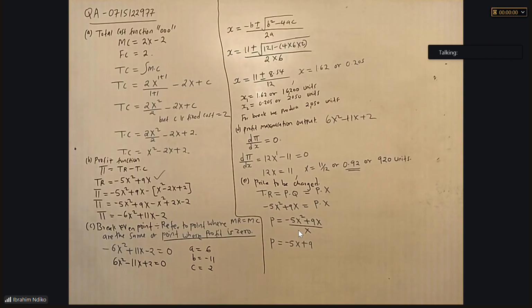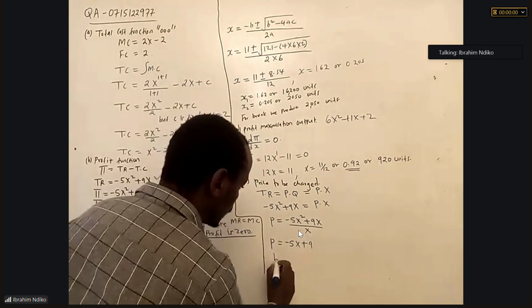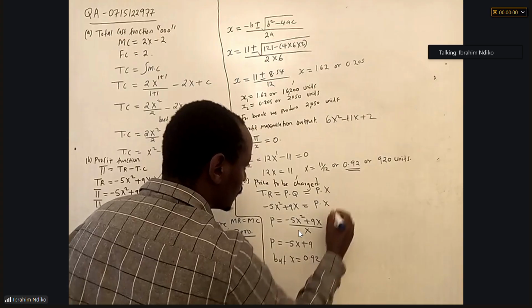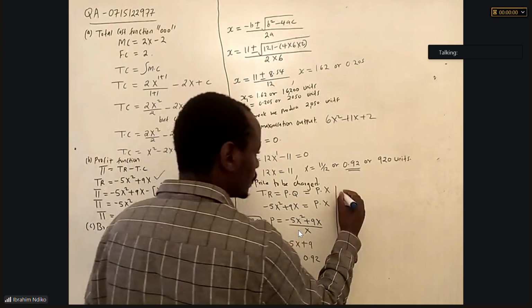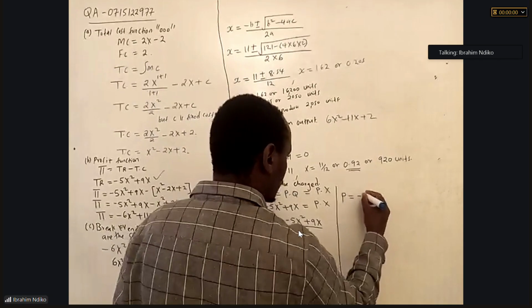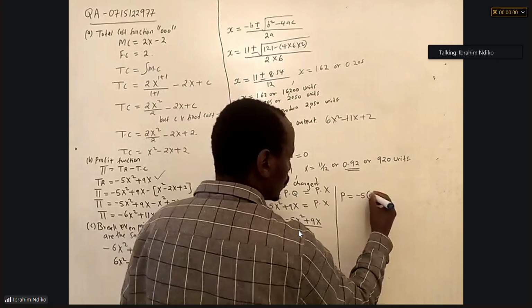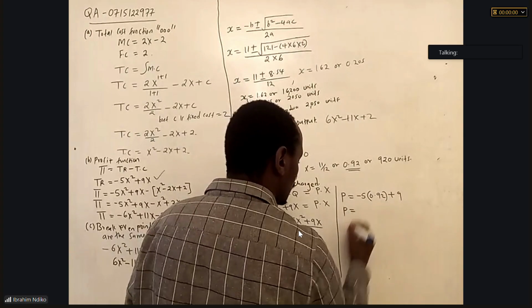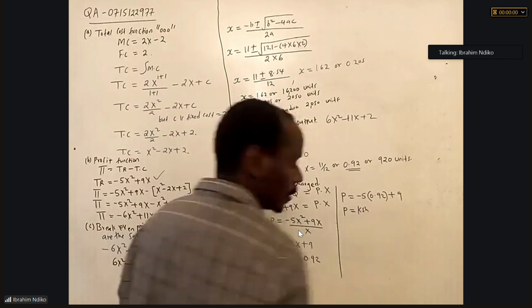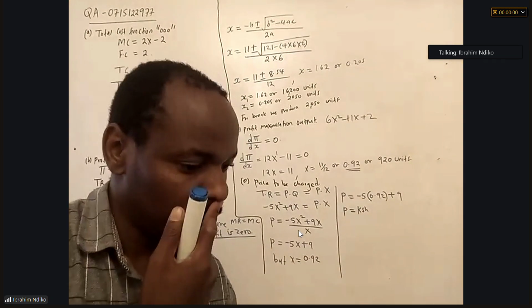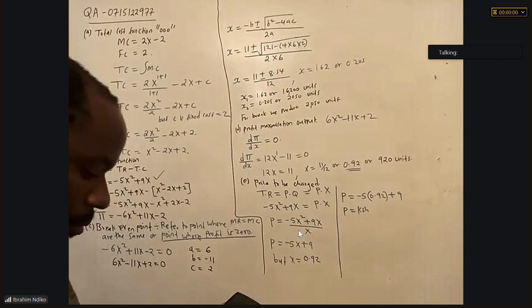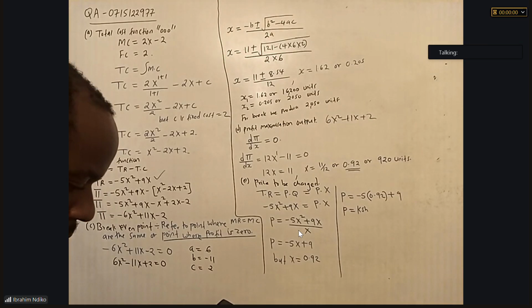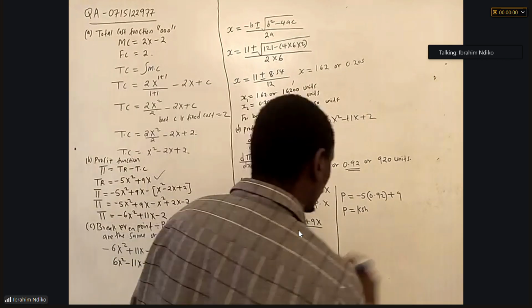But x is equal to 0.92. Meaning our P will be minus 5 times 0.92 plus 9. So the price that should be charged is Kenya shillings 4.4 per unit.